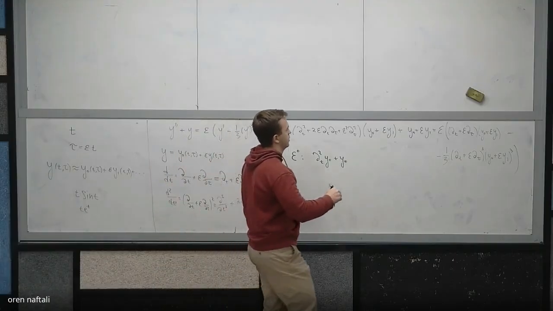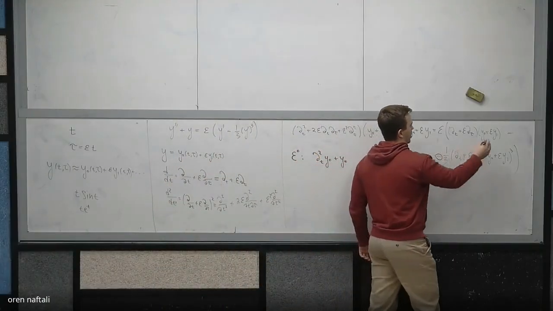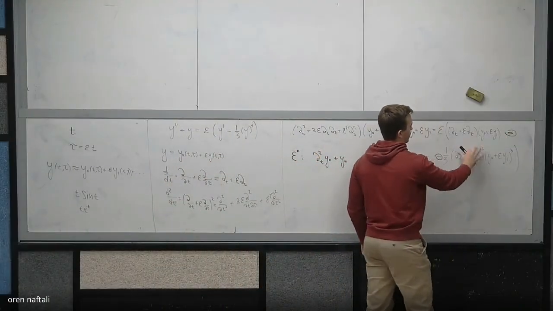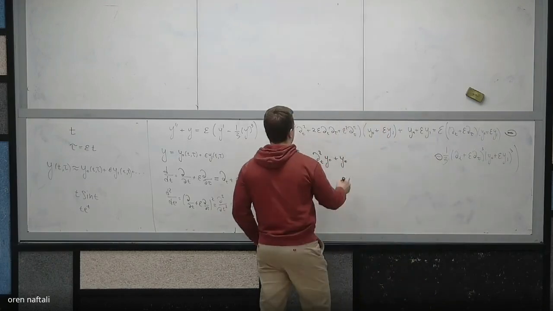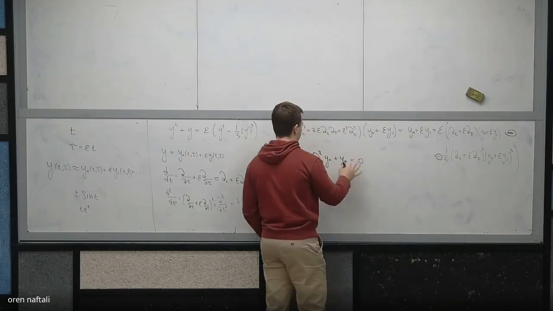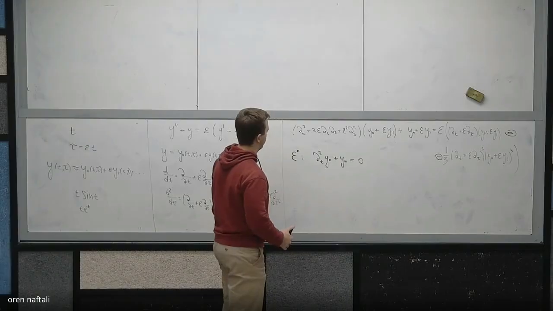So it's like one line, all of this, and the sum equals 0.